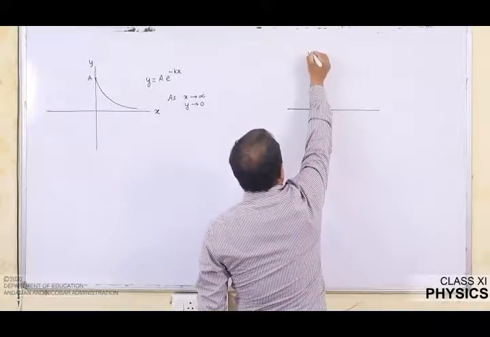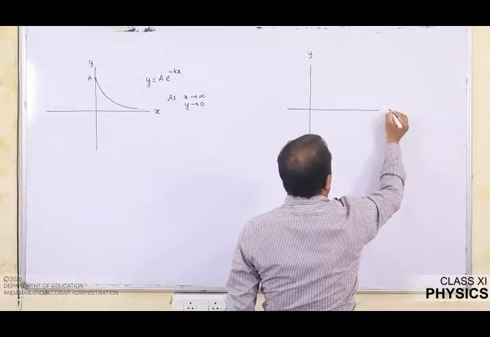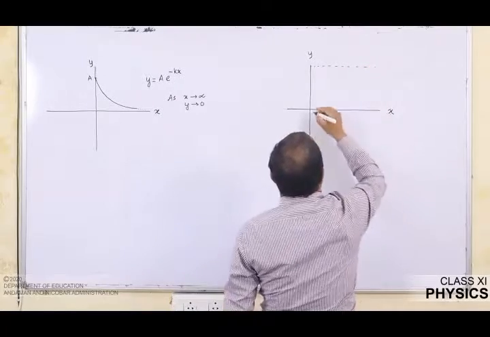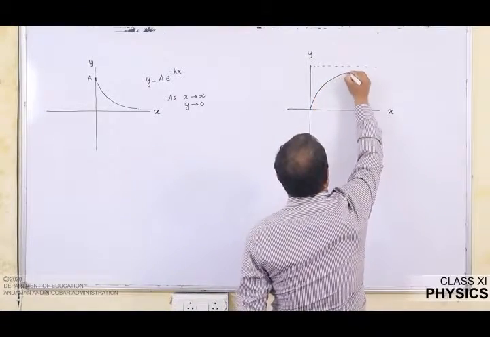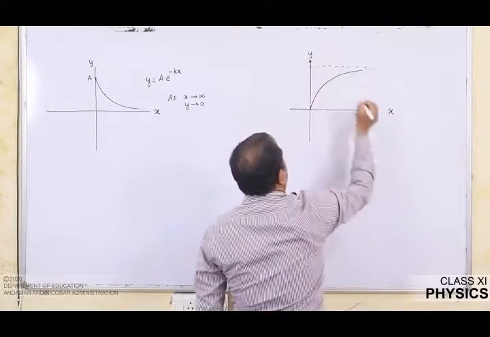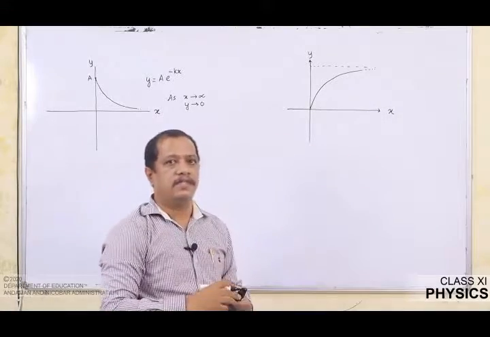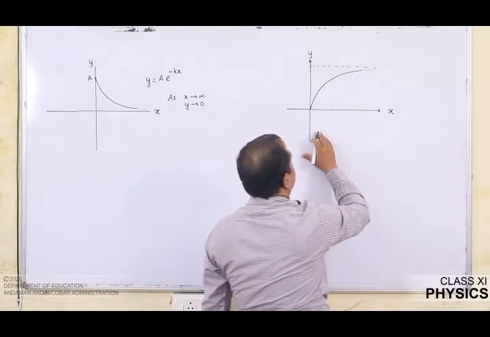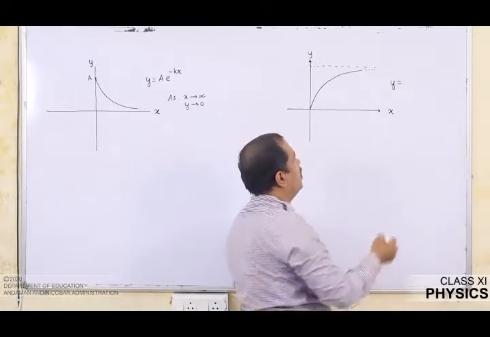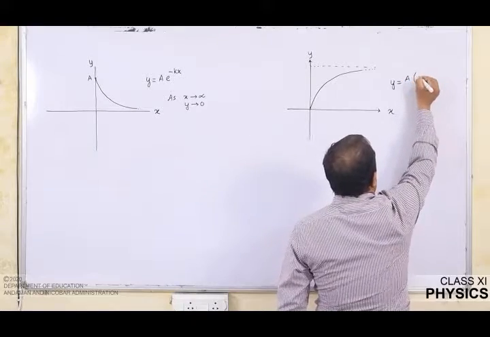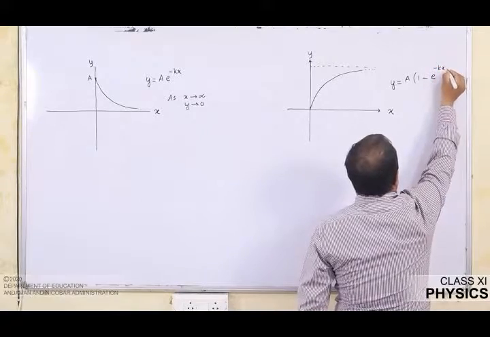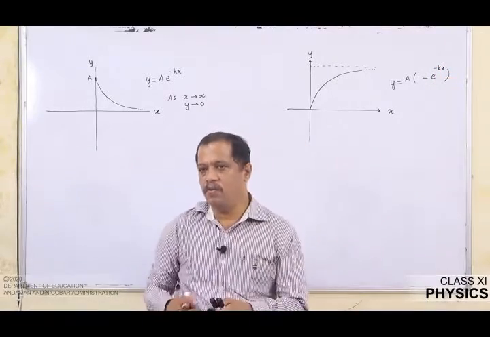Say this is positive y and this is the positive x axis, and I will see that my graph is growing and it approaches like this, and the algebraic equation that will govern this graph will be y is equal to a into 1 minus e power minus kx. So, this is the way the graph will be governed.